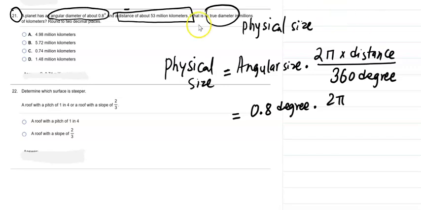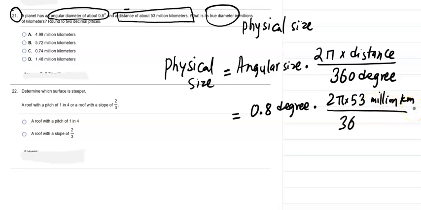The distance here is 53 million kilometers, so I'm going to write 53 million kilometer. I keep the million kilometer here because I want the final answer, the physical size, in million kilometer as well.